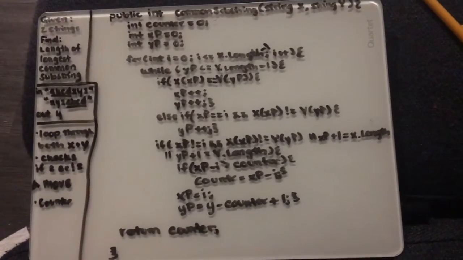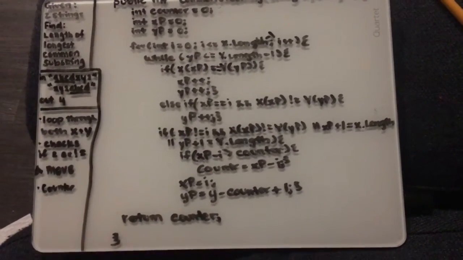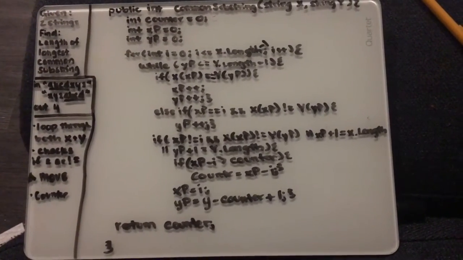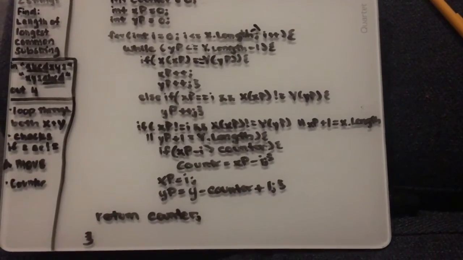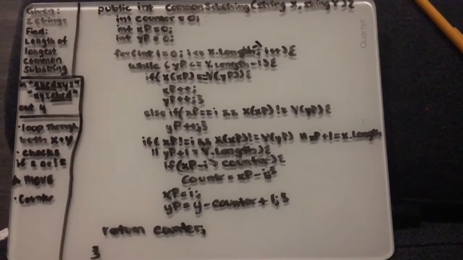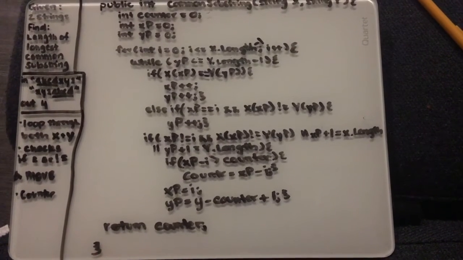We don't want to just do y minus the counter, because then we'd enter an infinite loop. So we're just moving to the next character. And then at the end, we will return the counter.